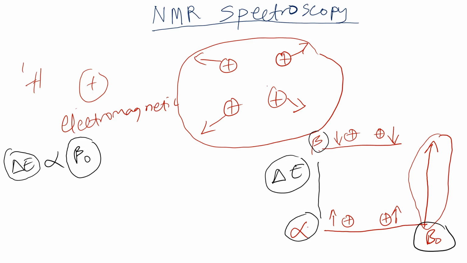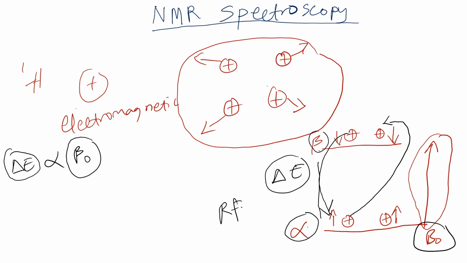When you apply a radio frequency, RF, the alpha spin state switches to a beta spin state. And this beta spin state, when it loses radio frequency, also switches back to an alpha spin state.